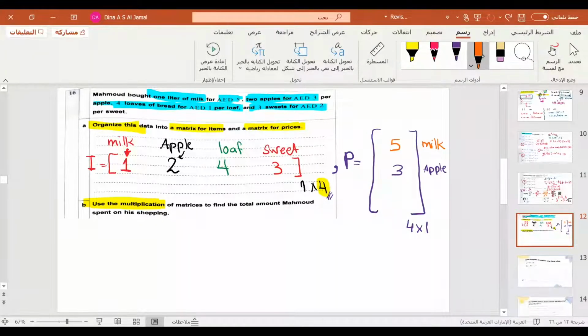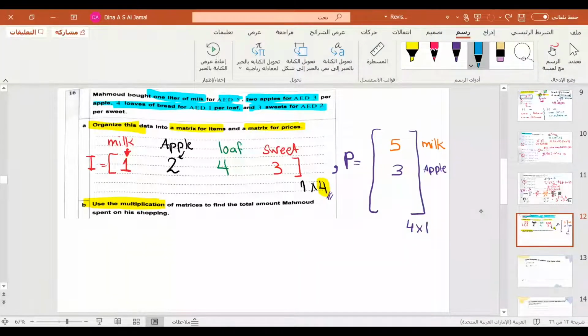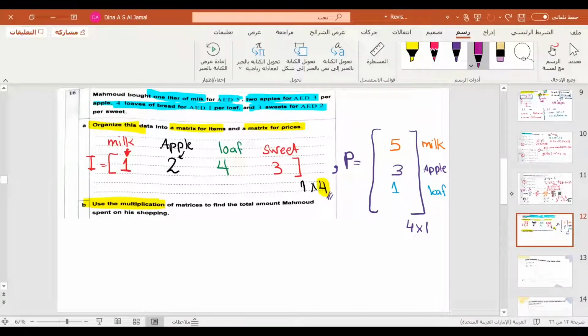Okay, so here I'm having per loaf 1 dirham. Then lastly, per 1 sweet will be 2 dirhams. Great, so this is the price and this is the item.